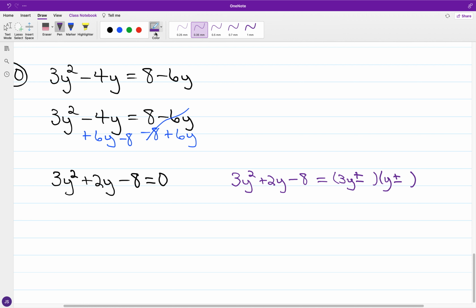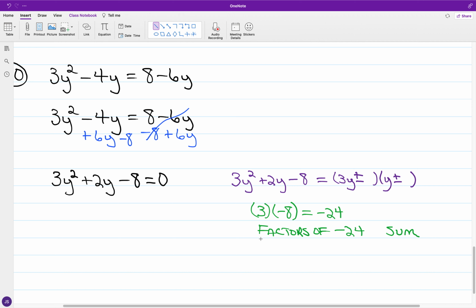Looking at the first and last coefficients, I have 3 times negative 8, which is negative 24. And looking at the factors of negative 24 that combine to positive 2, more weight is going to be given to the plus factor than to the minus.